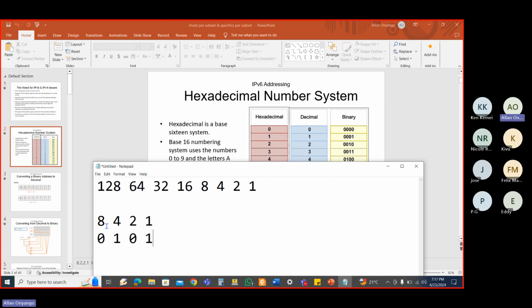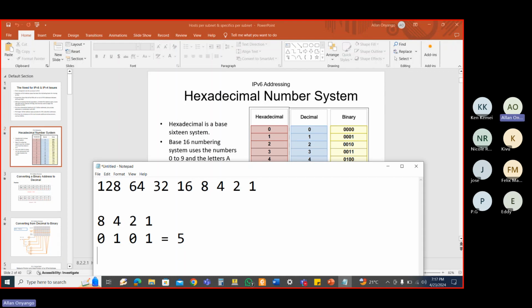Now we don't have to use up to 128. We only use the smallest 4, the last 4, which is 8421. So if you have a number like 5, it is just 4 plus 1, which is 5, isn't it? Very good.